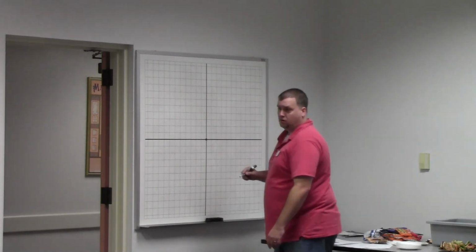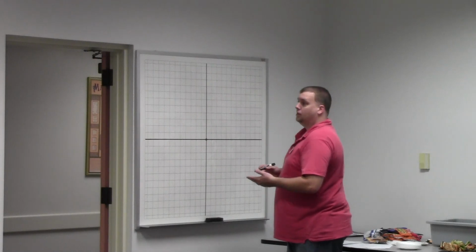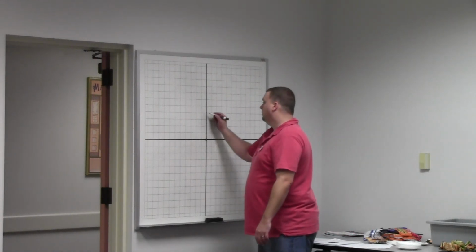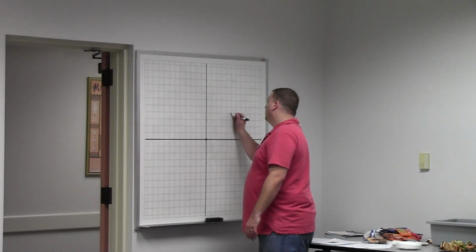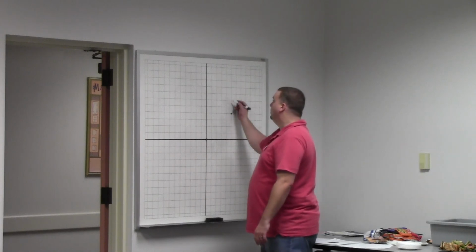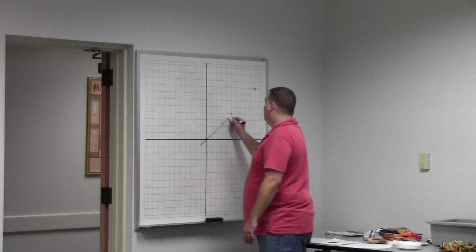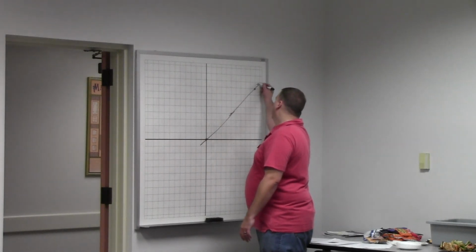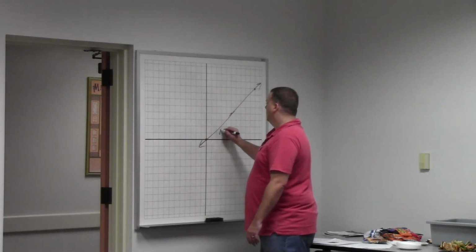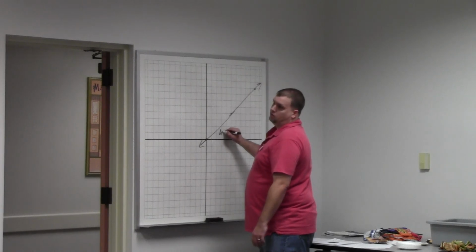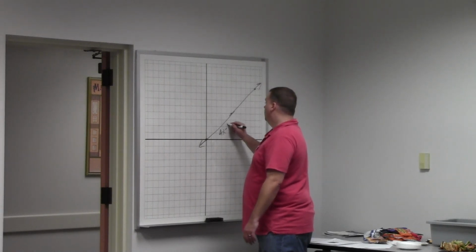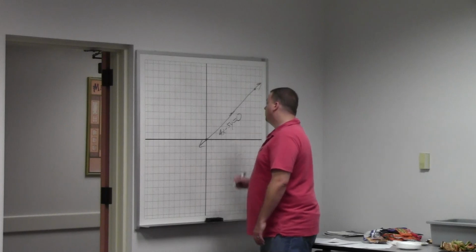That's our starting point. Slope, 4/5, up 4 over 5. So up 4 over 5, down to the third point, up 4 over 5. Labeling my line, 4x minus 5y equal to 0.